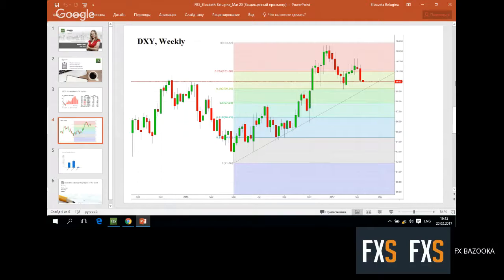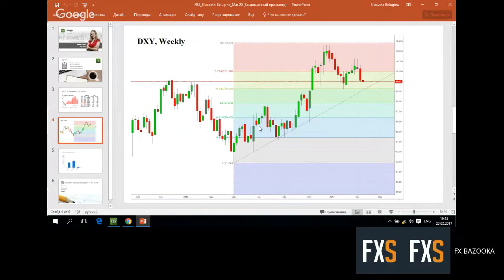Still, it is likely that the Federal Reserve will want to wait for some more data releases, and my overall opinion is that for some time, maybe for some days, but more likely for some weeks, the US currency will show some negative dynamics.